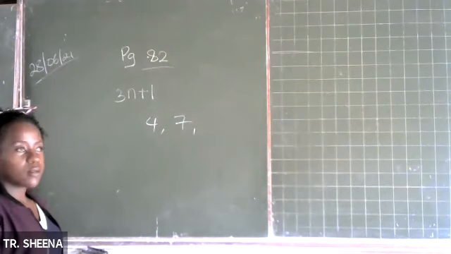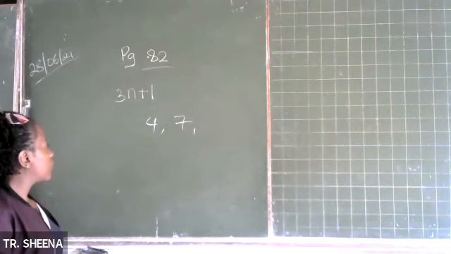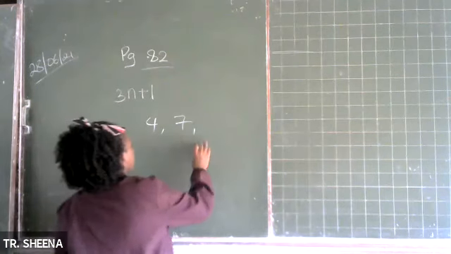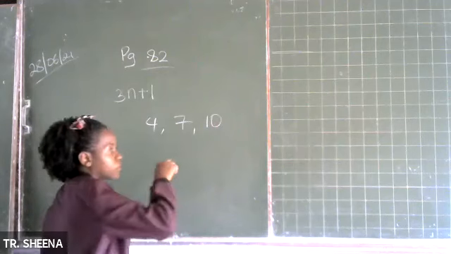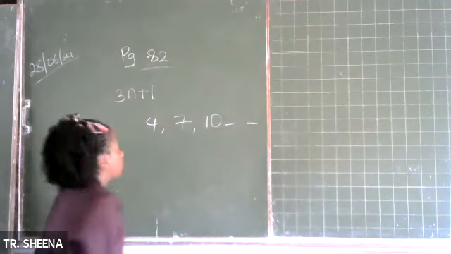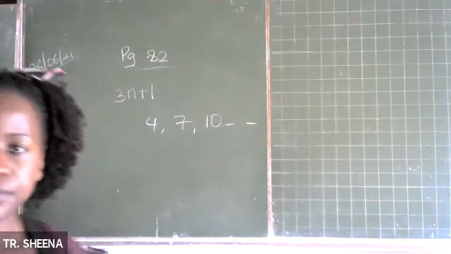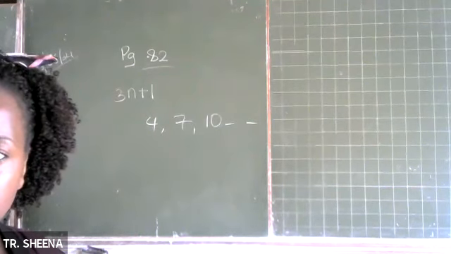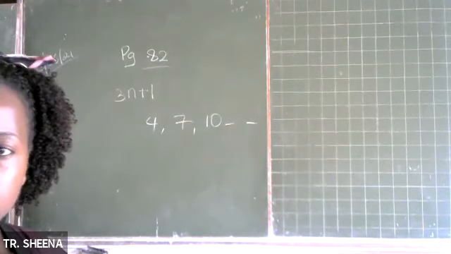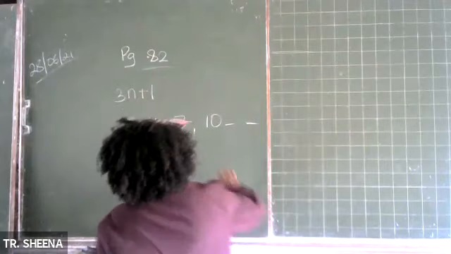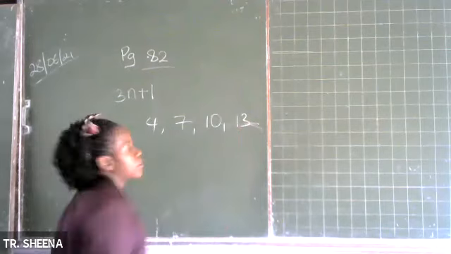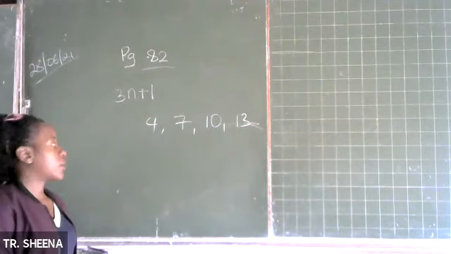Then 3 times 3 plus 1, which is 10. Okay, thank you, Regina. 3 times 4 plus 1 is 13.